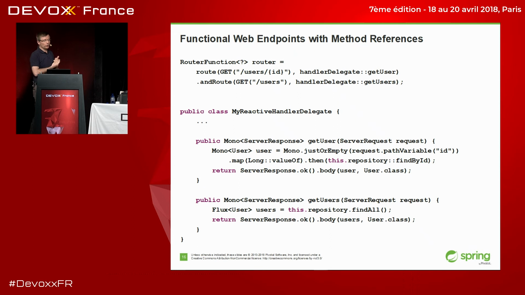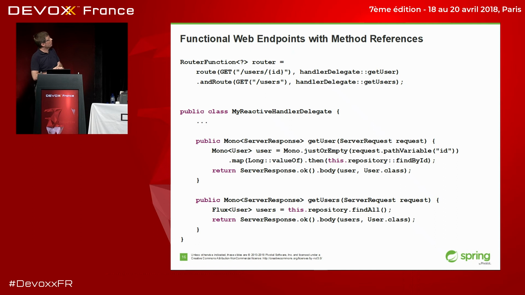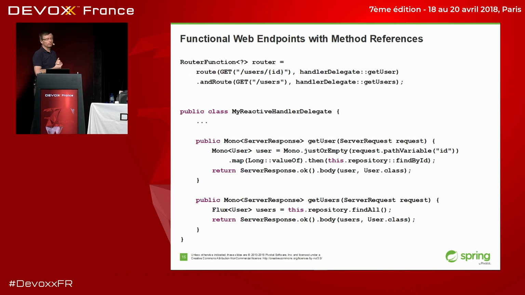So the functional endpoints, just for an example of what this style feels like, as briefly as possible here. The above shows a router function expressing the same web interaction that we've seen here in a different programmatic model. So with a couple of static imports in place, we can express ourselves like route.